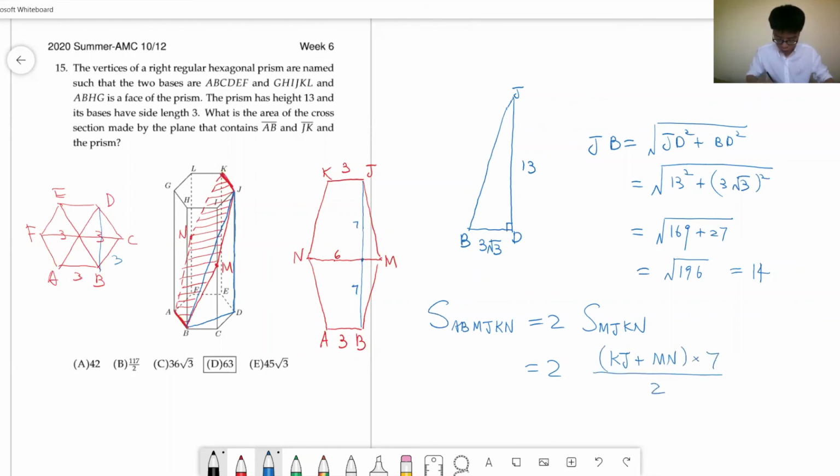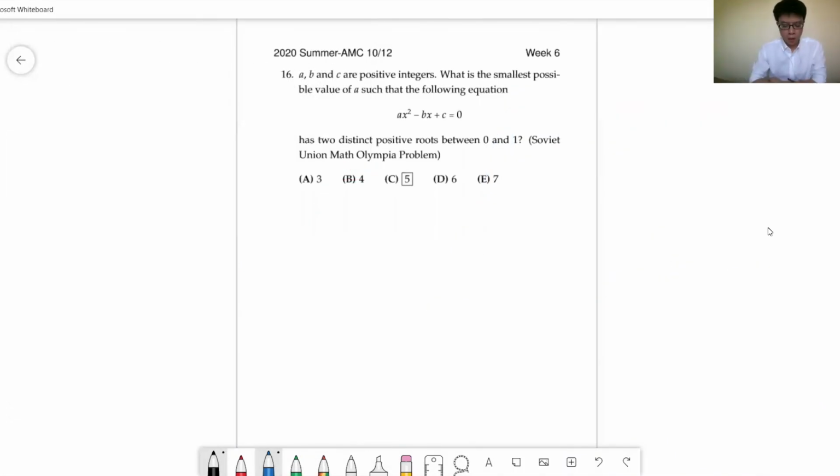Then we can cancel these 2's. So the answer is just KJ plus MN, so it's 3 plus 6 times 7, which is 63. The answer is 63.